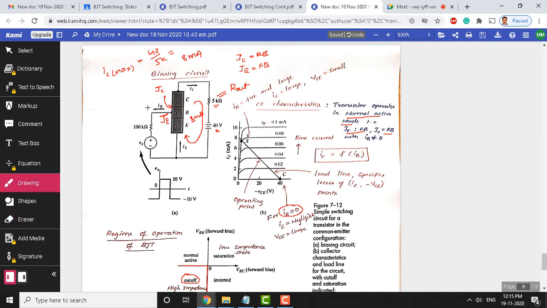So now let us say this IB, the base current, is not equal to 0. That means we are applying forward bias. That means we are now analyzing the part of the curve when a positive voltage of 10 volts is applied here.